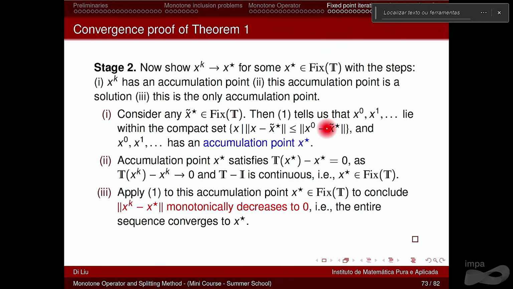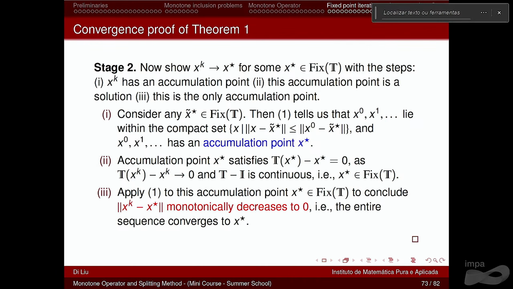We analyze this in three steps. First, we conclude that xk has an accumulation point, and then we show that the accumulation point is a solution, and then we see that the whole sequence will converge to this accumulation point. This is the strategy here.